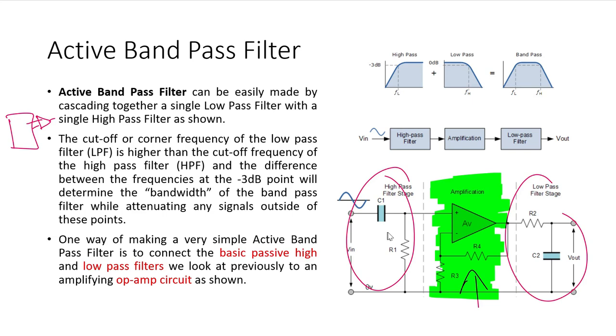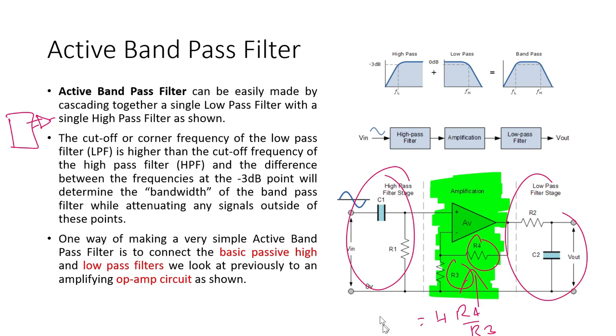So this is our high pass filter, and it has an amplifier with a gain of R4 by R3, which is the DC gain, and after that this DC gain ADC is divided by the square root of 1 plus F by Fc whole squared, which is the AC gain, AAC. So this circuit is introduced in the middle.